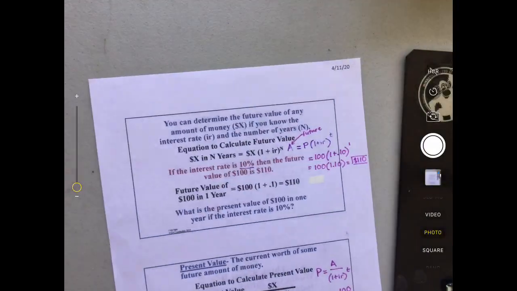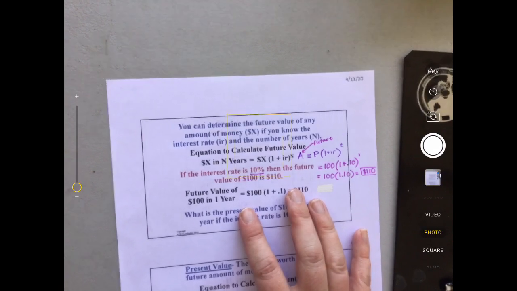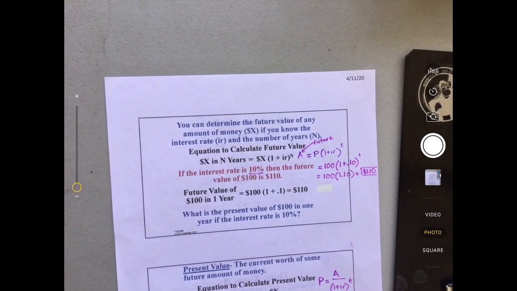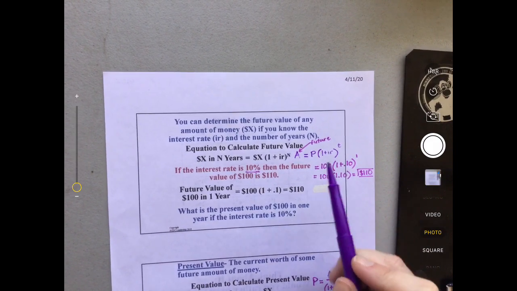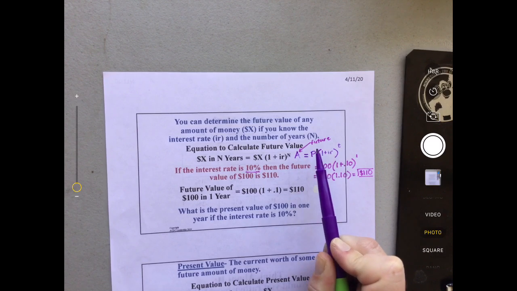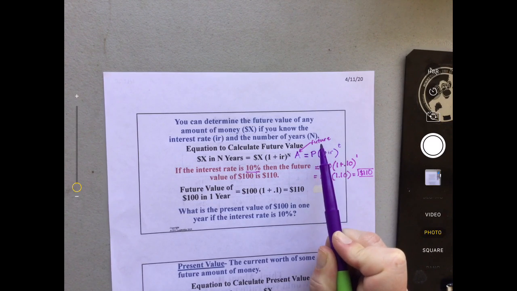Let's look at a few examples, and these have to do with a formula you have probably seen. You can determine the future value of any amount of money if you know the interest rate and the number of years. So Clifford sets it up a little bit differently than I do. I like to set it up A equals P. A is for the future amount you will have.